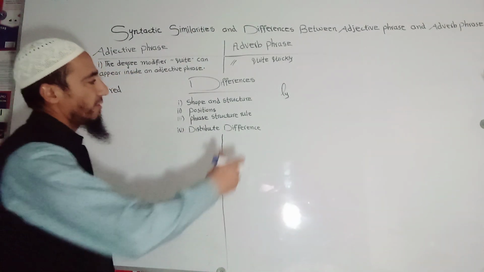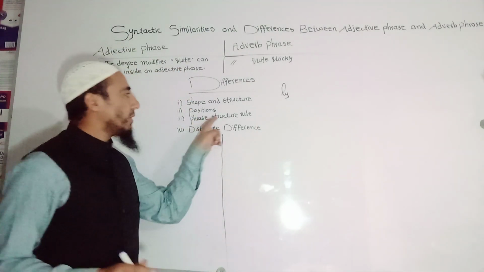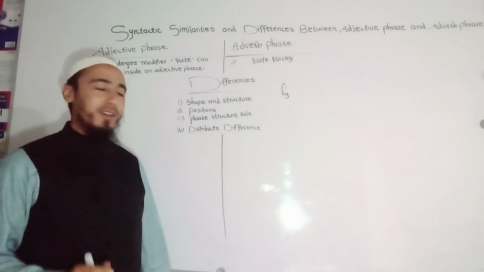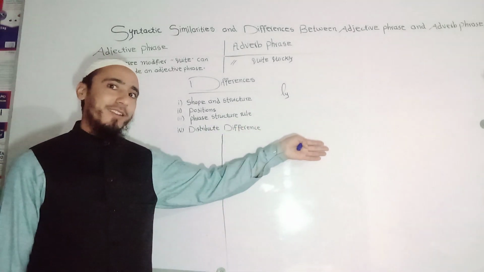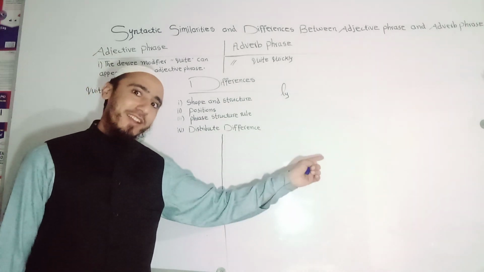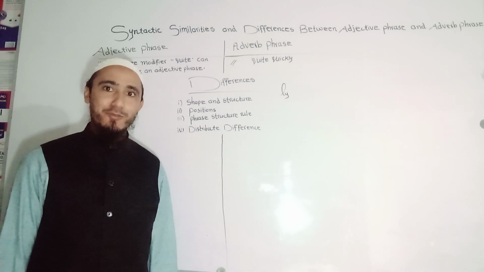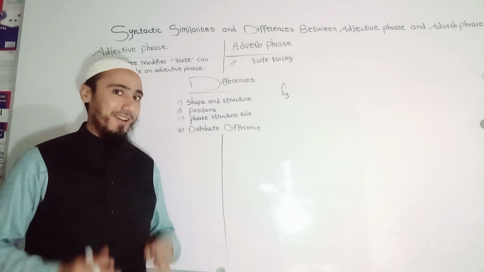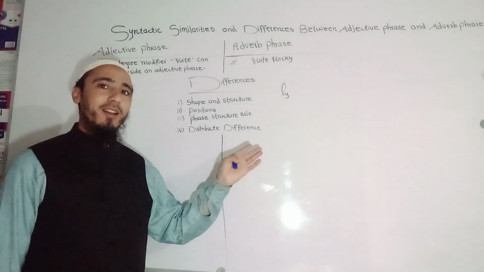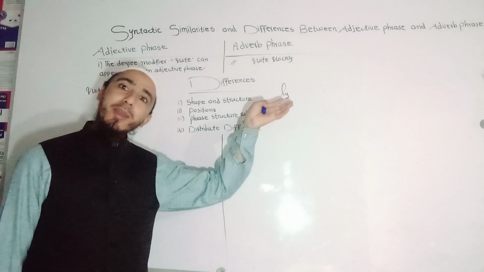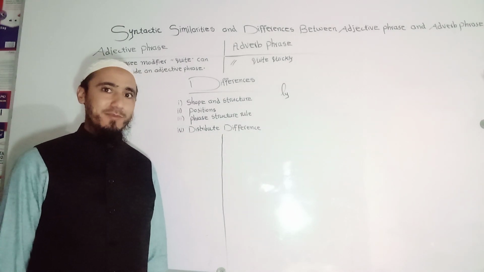Take the example of adjective phrase. According to the phrase structure rule, an adjective phrase comes inside a noun phrase. In other words, an adjective phrase can be found inside a noun phrase.